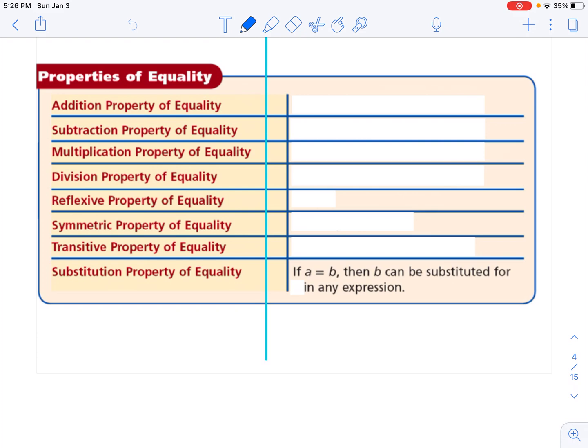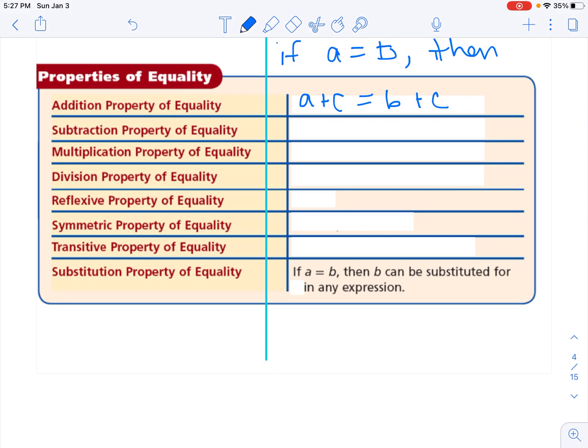The addition property of equality says that, for all of these, we start with if A equals B, then A plus C equals B plus C. So if we add C to one side of the equation, then we add C to the other, then both sides of the equation are equal.